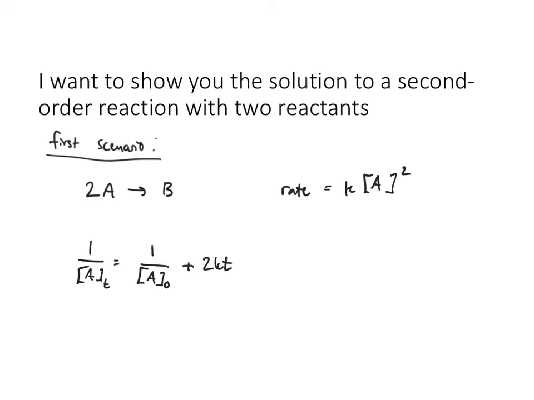This is the solution for a second order rate law, which is second order in one of the reactants. And the half-life in this particular case can be found using a similar technique as we did for first order. It becomes 1 over 2k times the starting concentration of A.